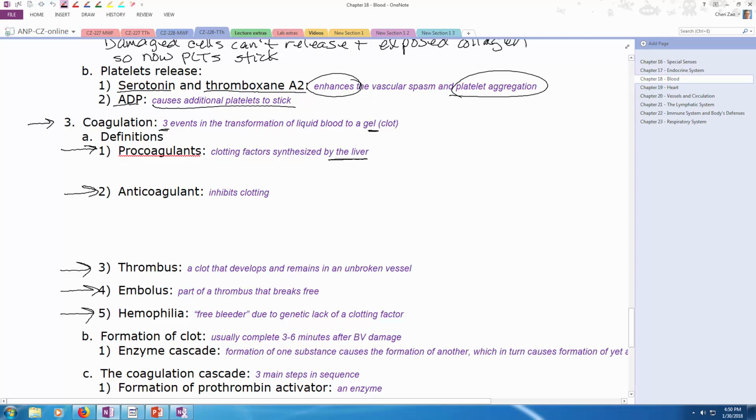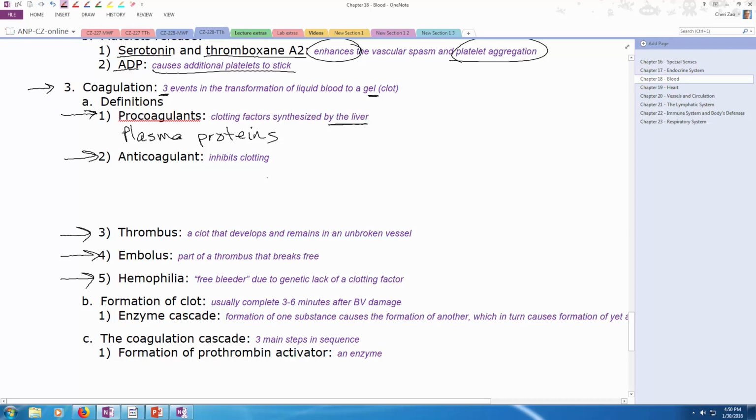So those are called plasma proteins. And they're circulating around in what, an active or inactive form under ordinary circumstances? Inactive form, correct. So procoagulants, clotting factors synthesized by the liver in their inactive form. Okay. And they're plasma proteins.